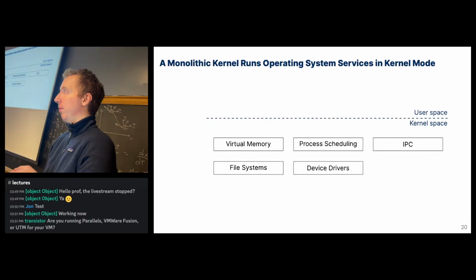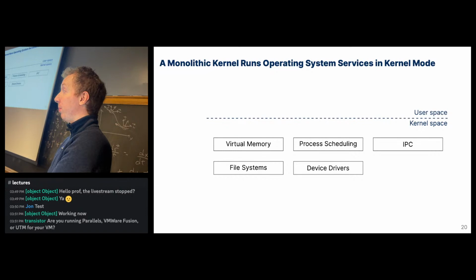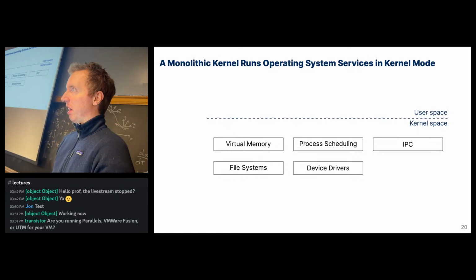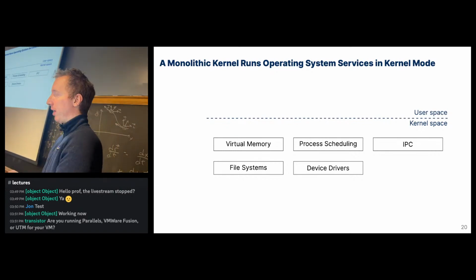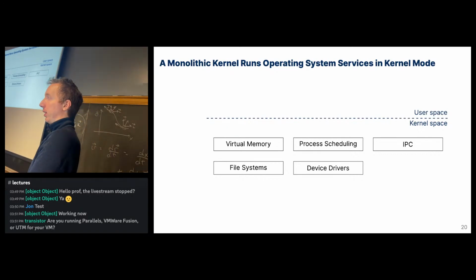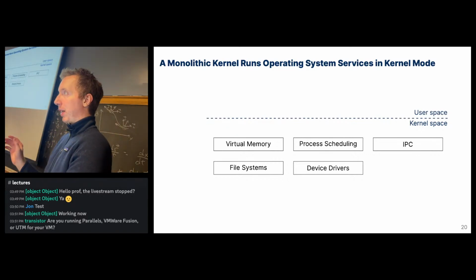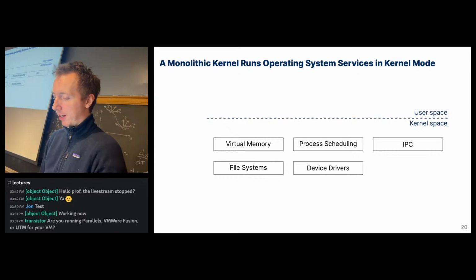That's anything to do with virtual memory, process scheduling, inter-process communication, file systems, everything in this course, and device drivers. Everything will be running in kernel mode, so nothing is done in user space. They just throw everything but the kitchen sink into it.